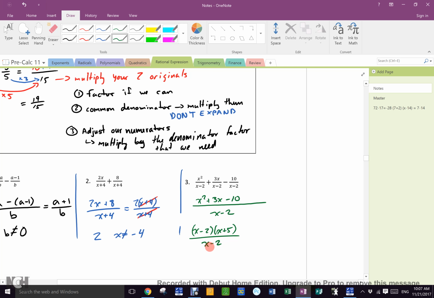What do I get to do now? Cancel the x minus 2's, and what's my final answer? Are there any values that x is not allowed to be? +2. Can everybody do the first 3 when the denominators are the same?